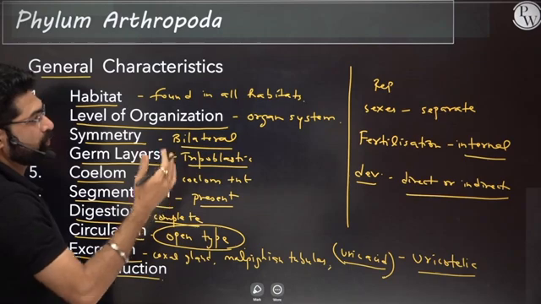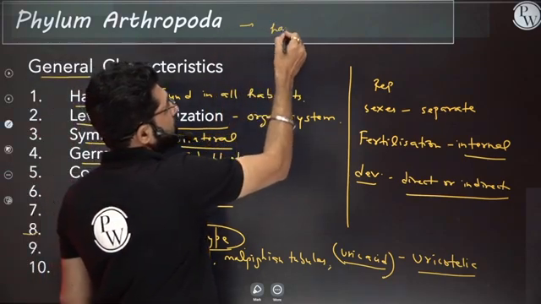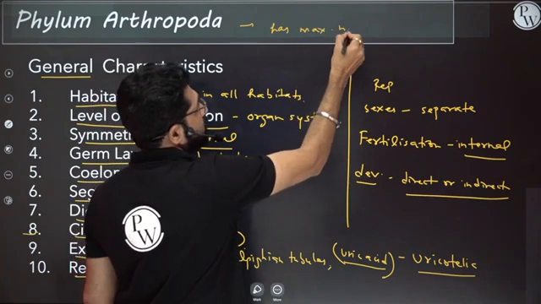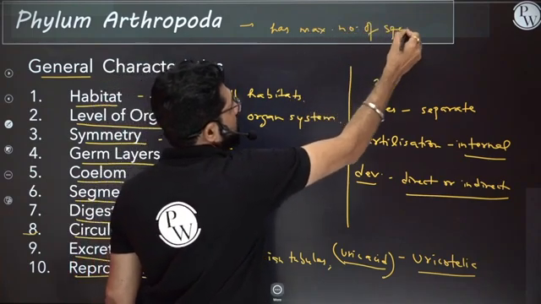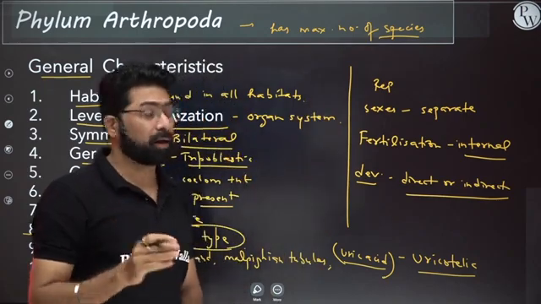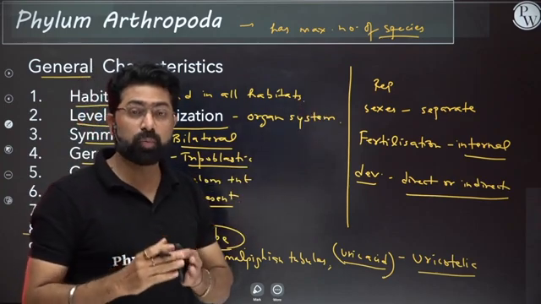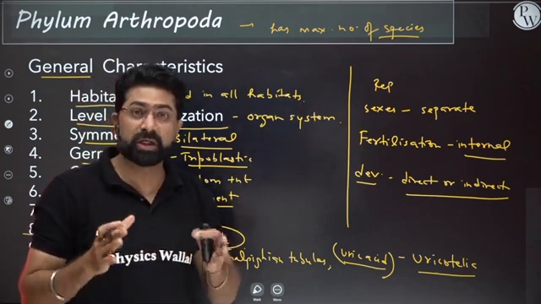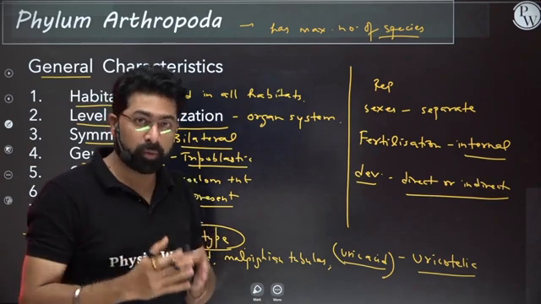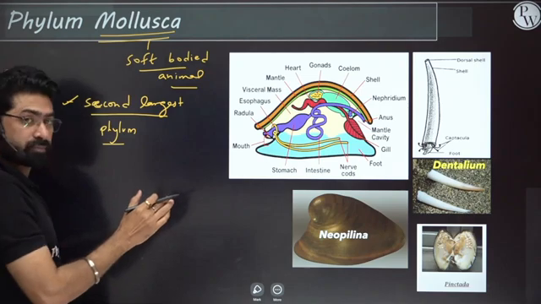The arthropods were the one which has maximum number of species. I am talking about number of species, not the number of organisms. Almost 2/3 of all species on earth are arthropods. Second largest phylum is your Mollusca.